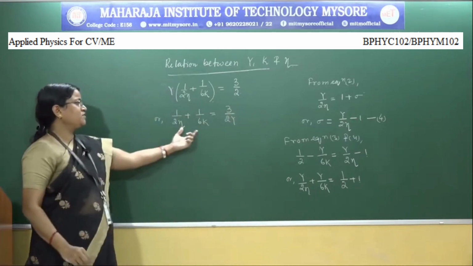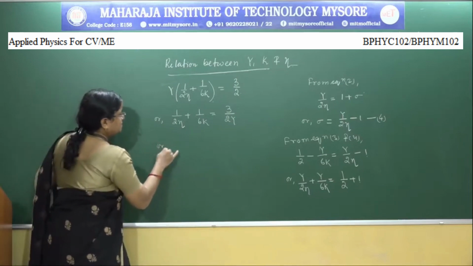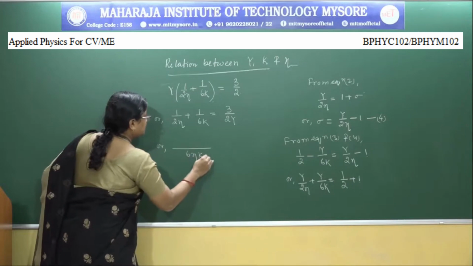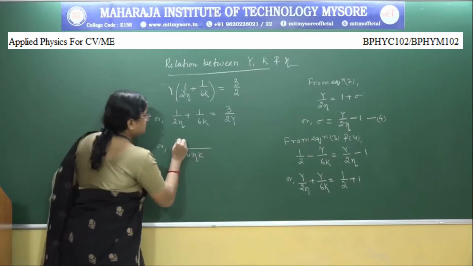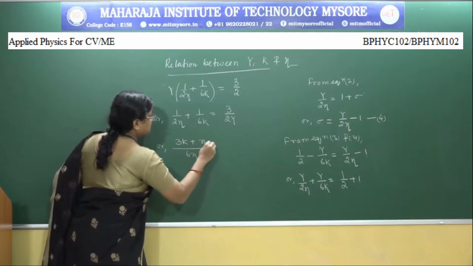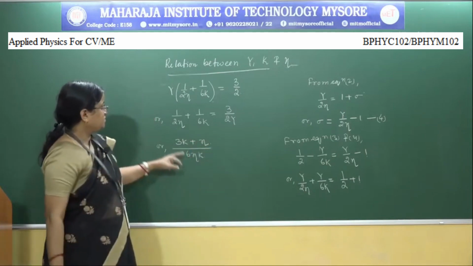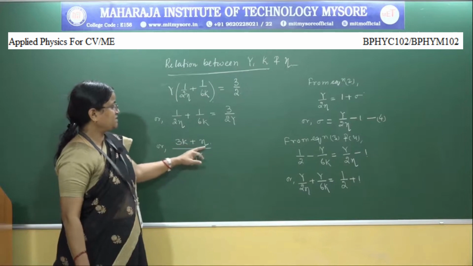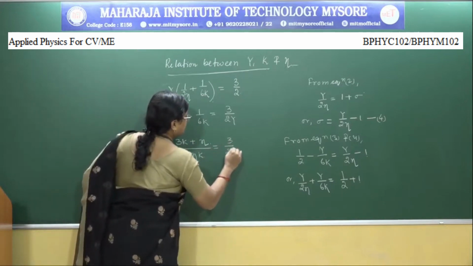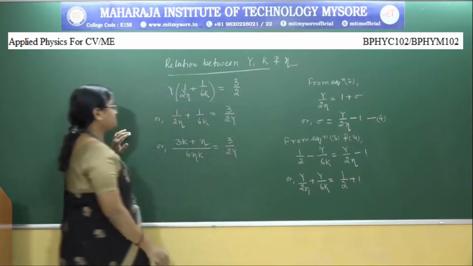Now, we will take the LCM of this, and we will get 6 eta k. So, we will have (3k plus eta) over 6 eta k, and that will be equal to 3 by 2Y.